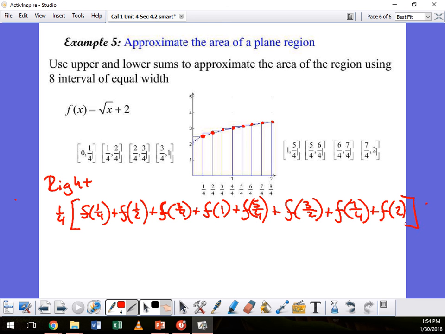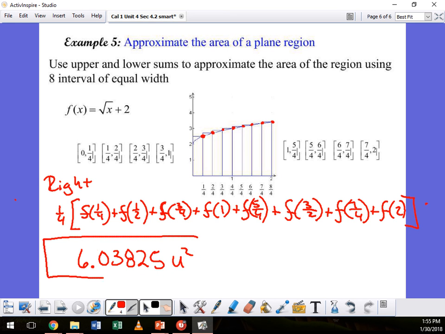All right, and the guy that is on fire, he says it's what? 6.03825. You want to round that to 0.38. Wow. And I just rounded. You round to 4 usually.